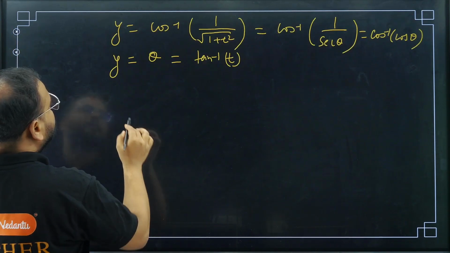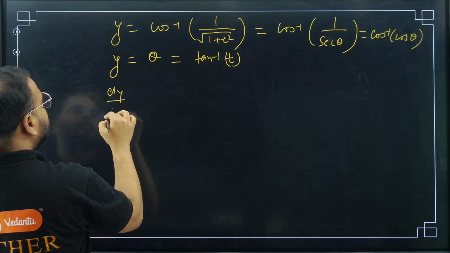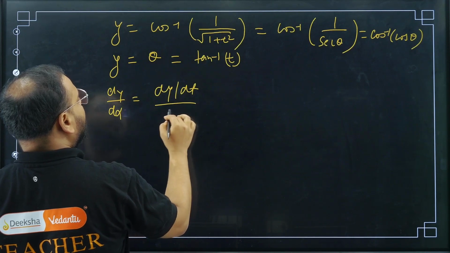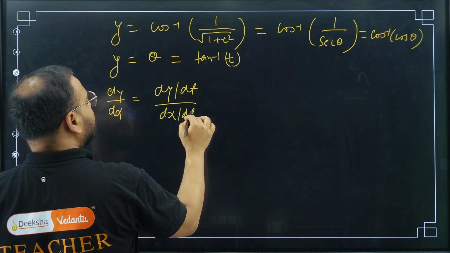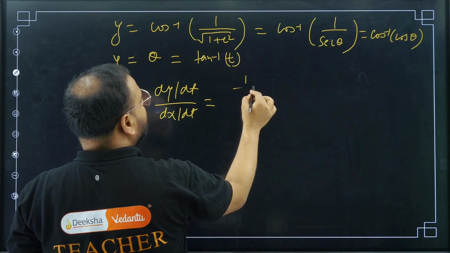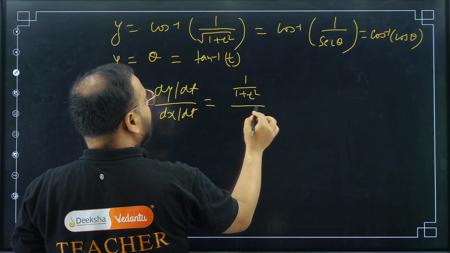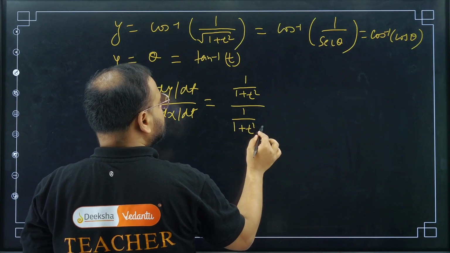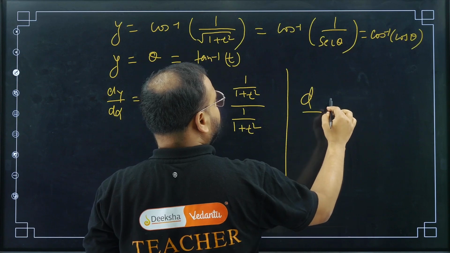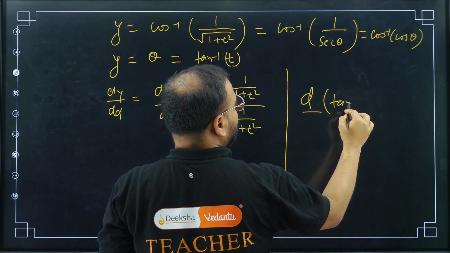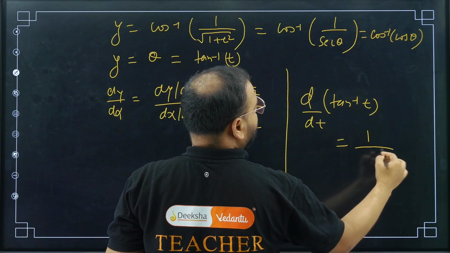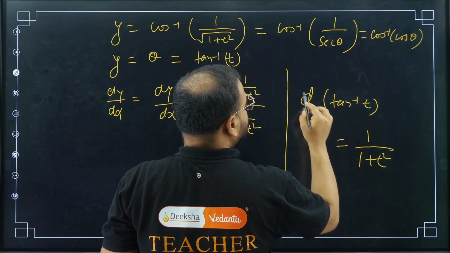Now what are they asking? dy by dx they are asking. This is simply dy by dt upon dx by dt. We got both of them as tan inverse of t. Remember this formula for differentiation of inverse trigonometric functions: differentiation of tan inverse of t with respect to t is 1 upon 1 plus t square.